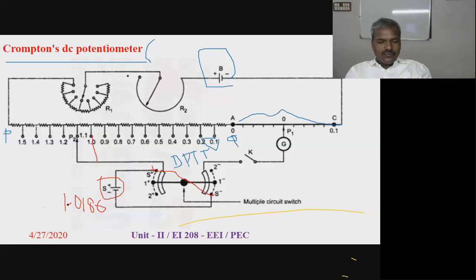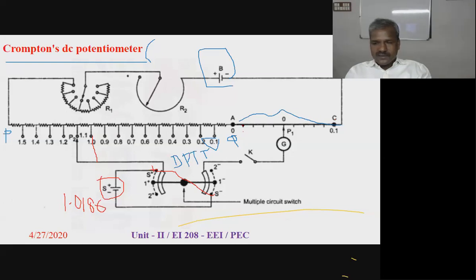And this is 0.1, 0.2, 0.3, 0.4, 0 to 0.1. So this position is how much? This is 10 divisions. So 0.01.